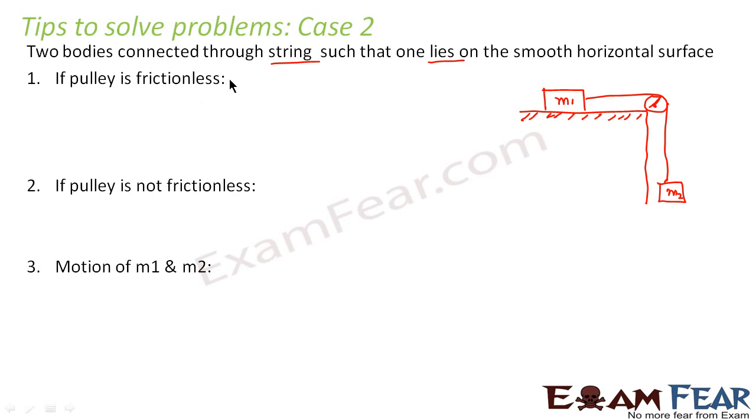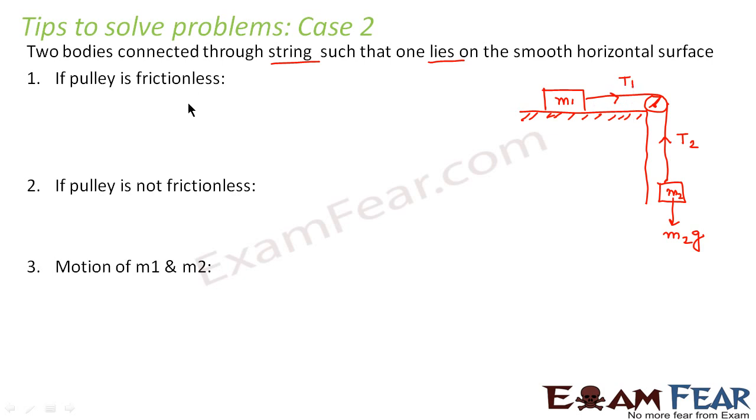In this case, the first case we consider is if the pulley is frictionless. Here again, we will have the tension T2 for M2. This will have the weight acting downwards, that is M2 into G. Here also we will have the tension T1 acting in this direction.